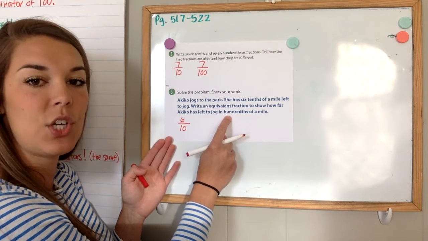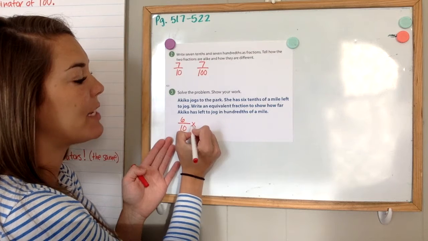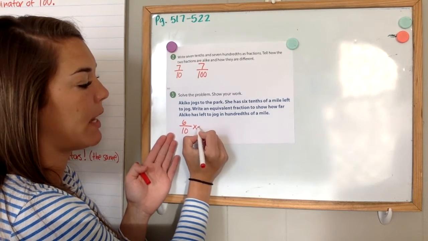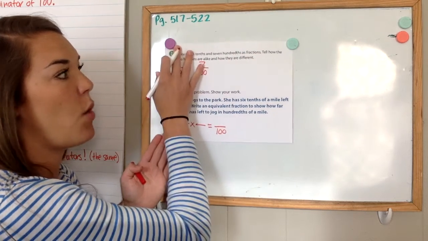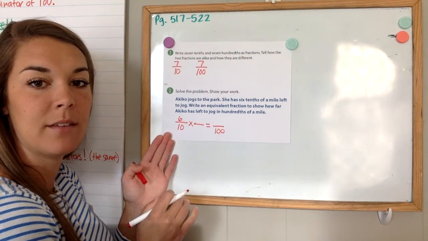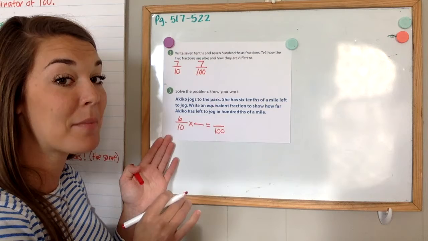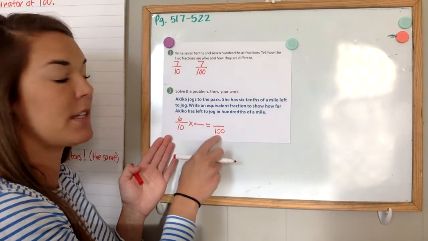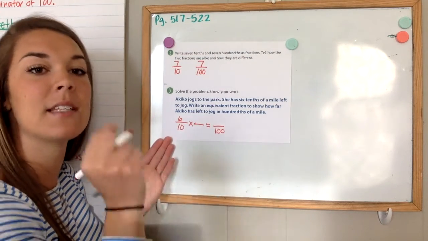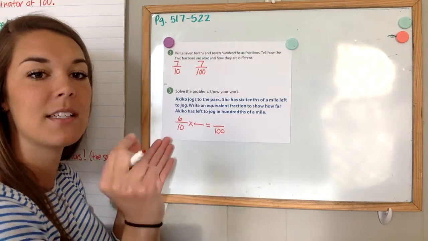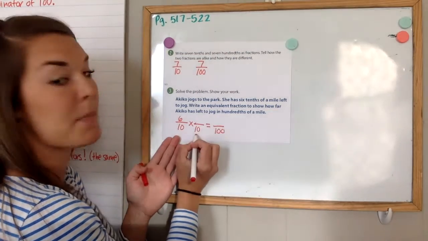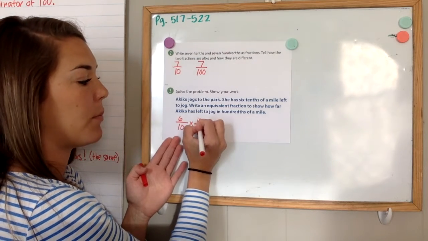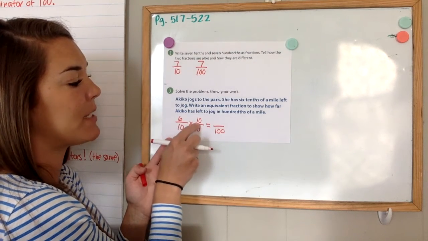So what we need to do is multiply this fraction by something that's going to give us something with a denominator of 100, okay? Now, we all have memorized that 10 times what is 100? 10 times 10 is 100, right, guys? 10 times 10 is 100. So whatever I do to the bottom, I must do to the top. I'm going to put that up here. 6 times 10.